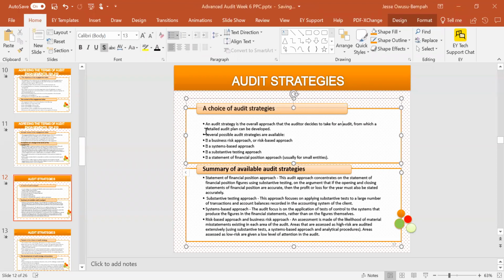It is from the audit strategy that a detailed audit plan can be formulated or developed. Very, very crucial.